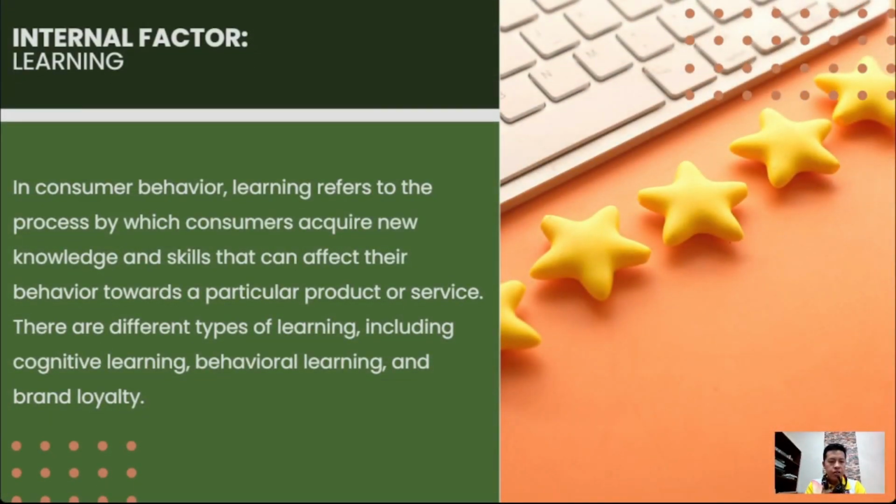Another internal factor is learning. In consumer behavior, learning refers to the process by which consumers acquire new knowledge and skills that can affect their behavior towards a particular product or service. There are different types of learning, including cognitive learning, behavioral learning, and brand loyalty learning. So meaning, if you are a consumer, then there is a probability that you want to understand how to use the product.